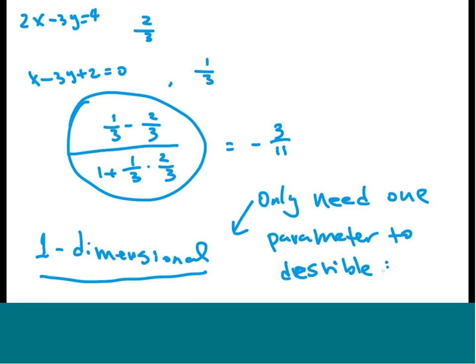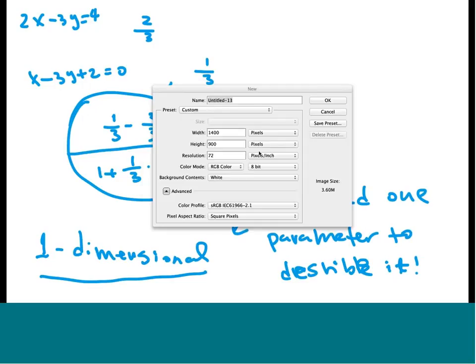So what that means is this was one dimension. For 2, you need 2. For 3, you need 3. So for a plane, you're using 2. So that's all about the parameter.